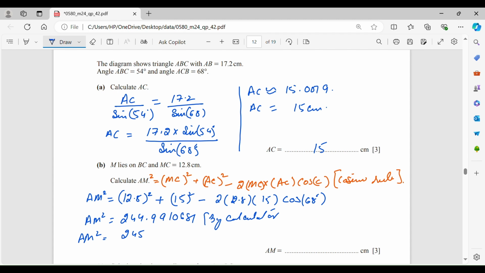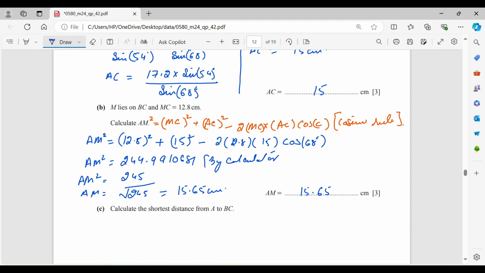Now AM will be equal to root of 245, which is equal to 15.65 centimeters. So AM is equal to 15.65, right?